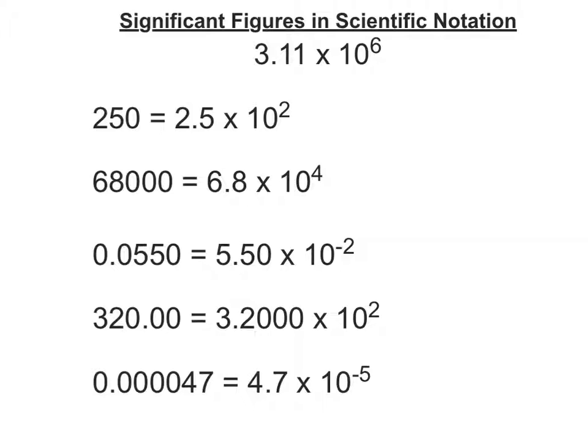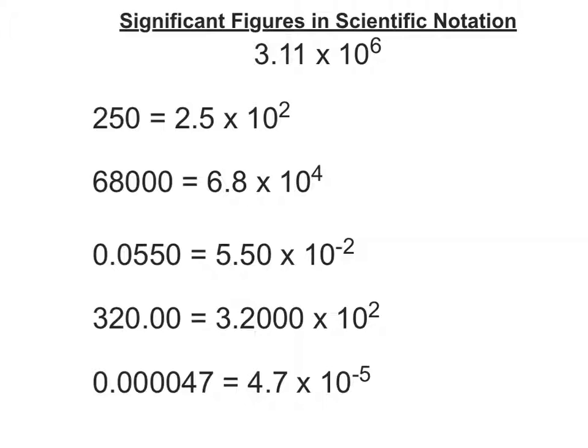We should be able to interconvert the two notations. For example, if we want to convert 250 to scientific notation, how do we write our coefficient and what's going to be our exponent? We know that the coefficient is a number more than 1 and less than 10.